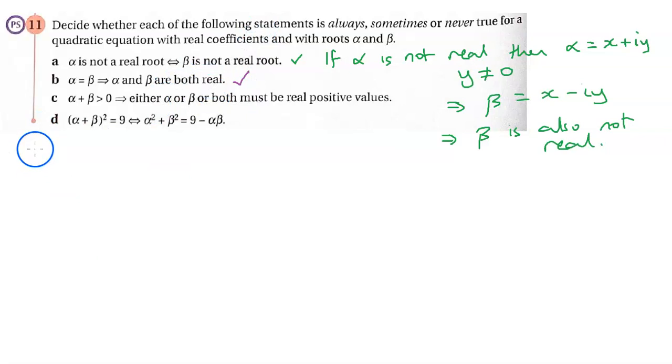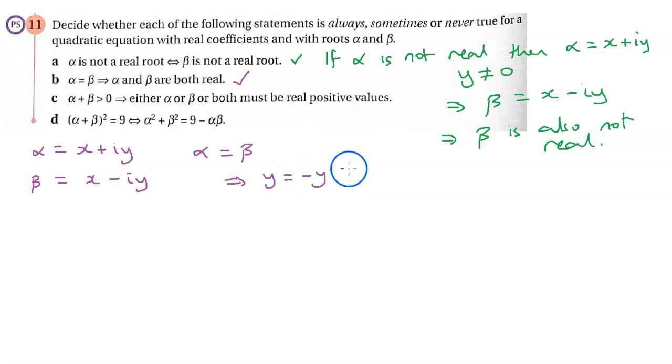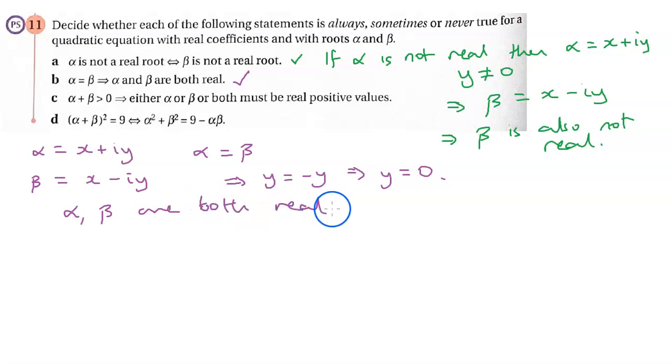And, well, if alpha equals x plus iy, then we also know that beta is equal to x minus iy, and if alpha equals beta, the only way that can be true is if y equals negative y, so that means that y equals 0. So that would mean that alpha and beta are both real.